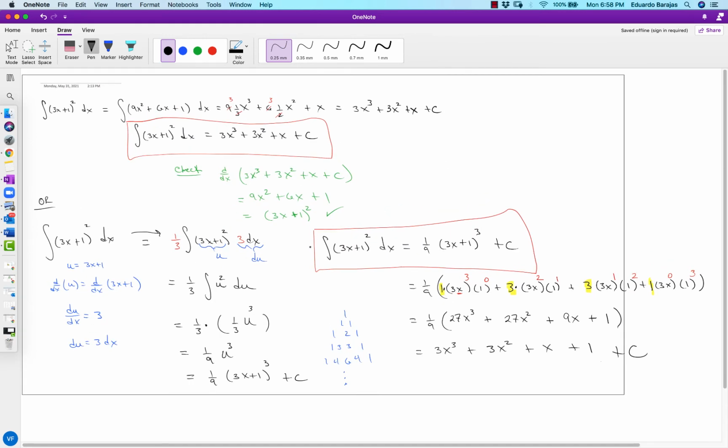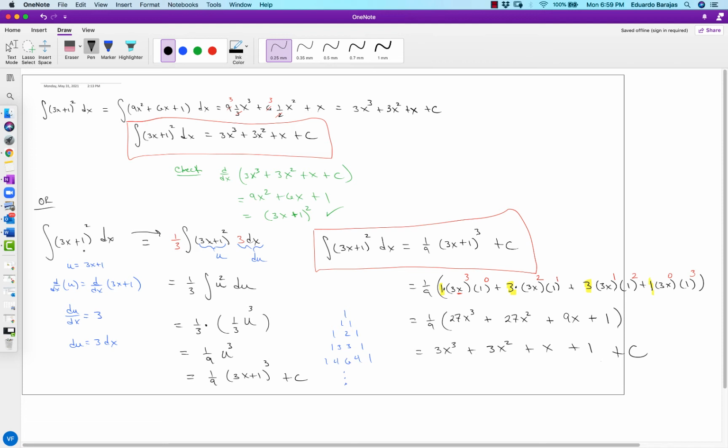We've solved the same integral in two different methods, and so that helps us confirm that the method of substitution works. It gives us the same answer that we would have gotten if we just expanded it all out and used our prior indefinite integral formulas and patterns to solve it.